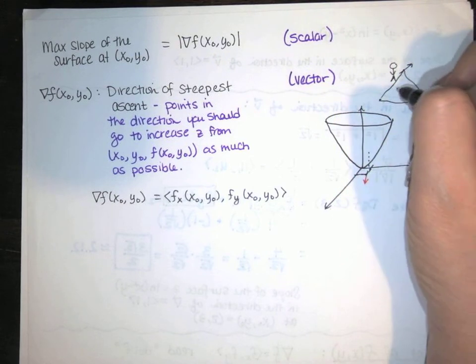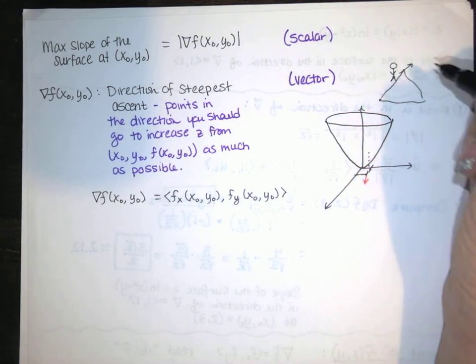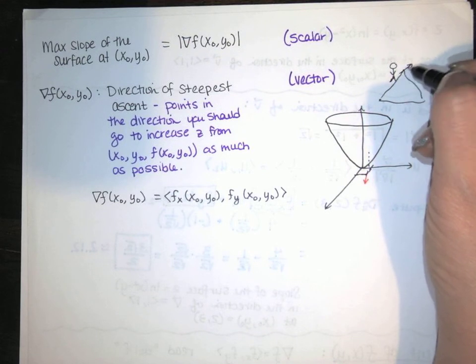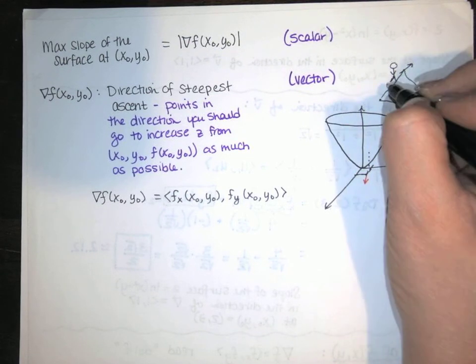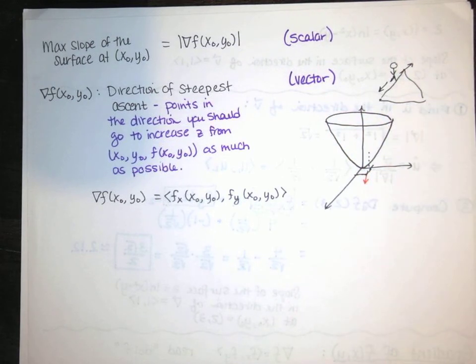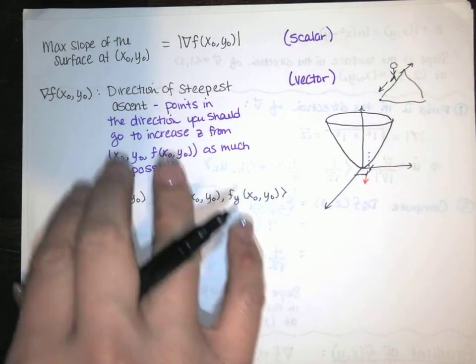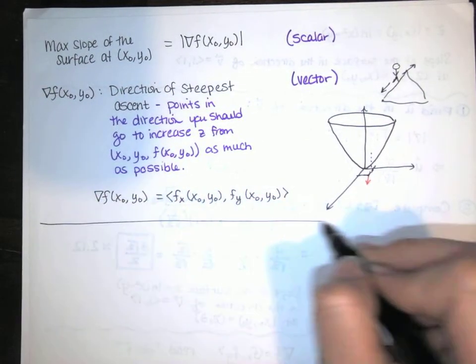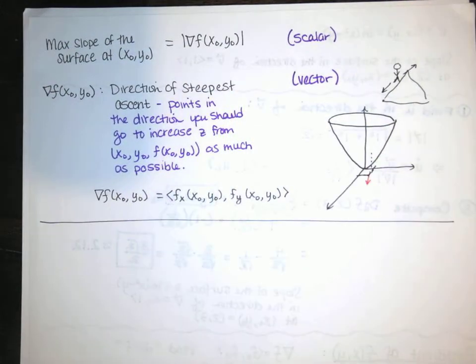Looks like a Hershey's Kiss. So the slope increases as much as possible. It says go that way. Well, how do you decrease as much as possible? You go in the opposite direction, right? So the maximum slope was this. The minimum slope is the opposite of that.